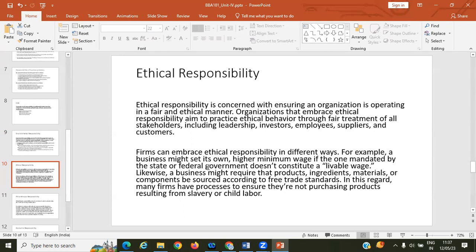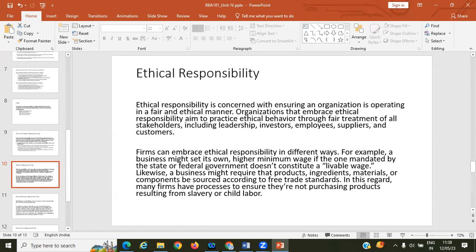This will impact different stakeholders, different leadership, investors, a lot of things. So you have to make sure you are practicing this, and you have different projects, you have responsibility on this line, ethical responsibility.